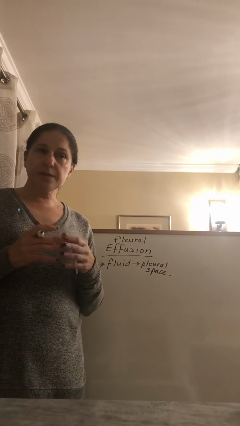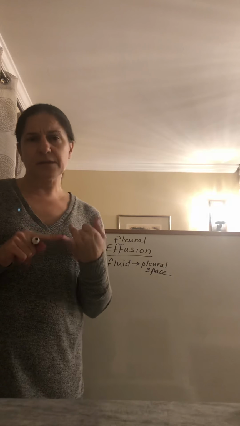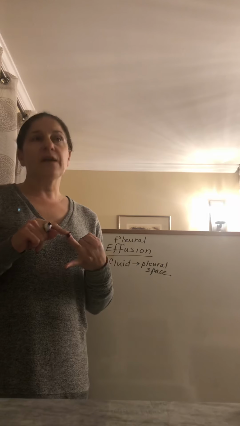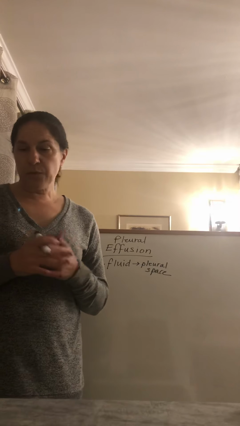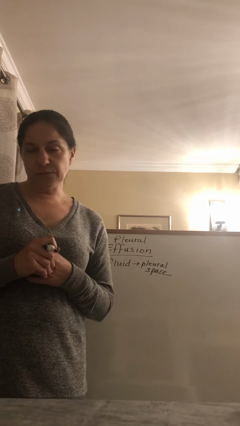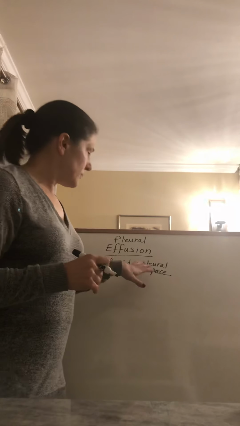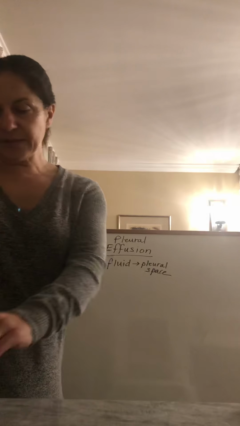Usually this fluid comes from either a blood vessel that's ruptured or lymphatic vessels. It can be the accumulation of lymphatic fluid in the pleural space. Small collections of fluid may not be detectable at all. But remember, this is not fluid in the lung proper. That's going to be something different.